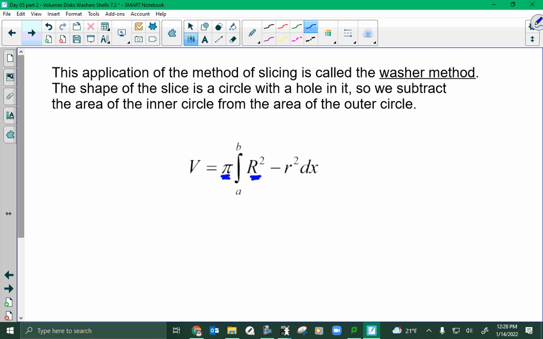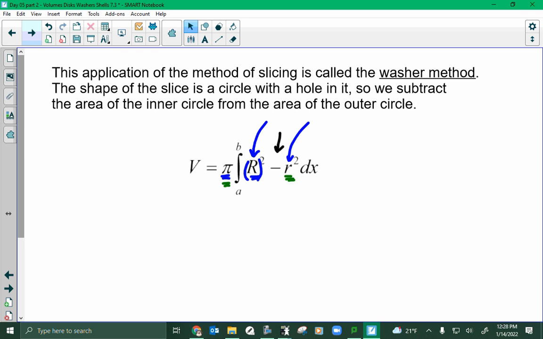Pi R squared is the outer, or bigger, circle. Pi little r squared is the inner circle, and I just subtract them. That is your go-to anytime you're using a washer. The equation that's the bigger one goes there that you square, and the equation that's the inner or smaller one goes there that you square.